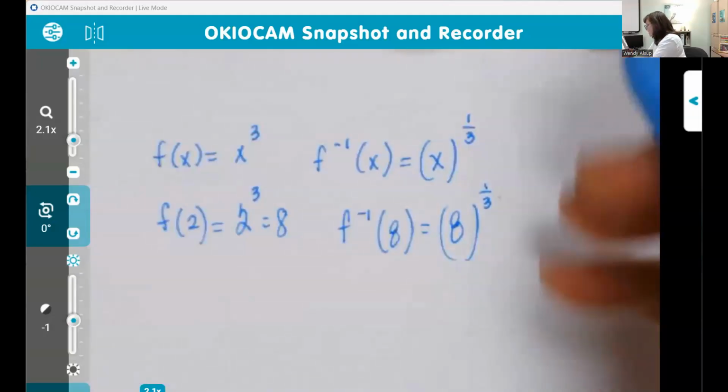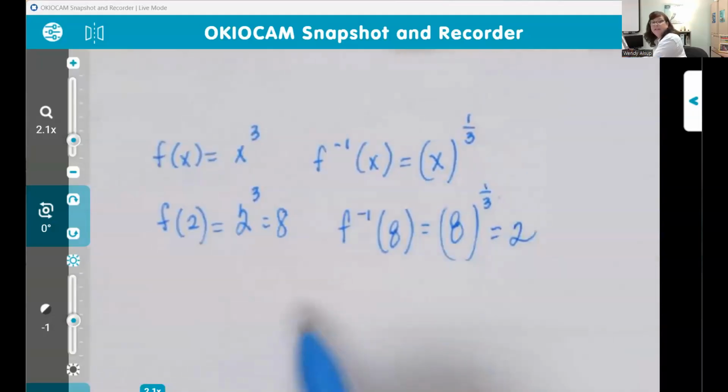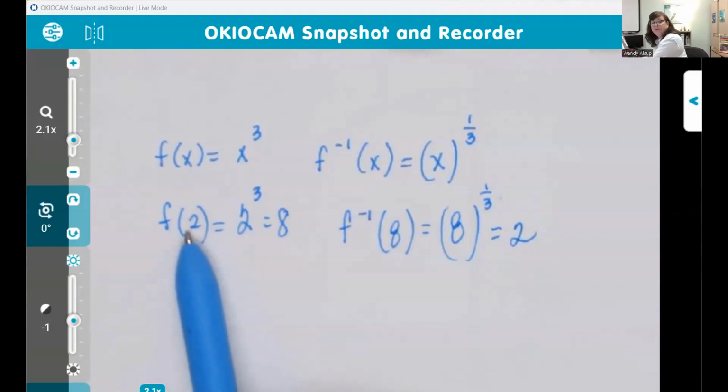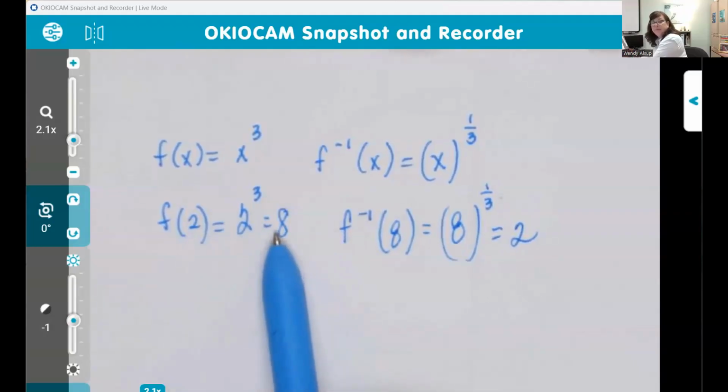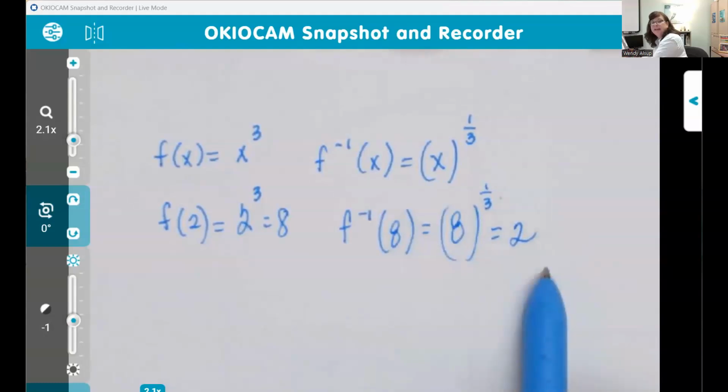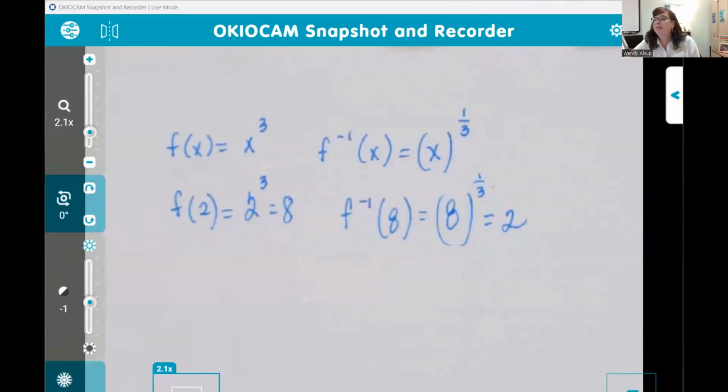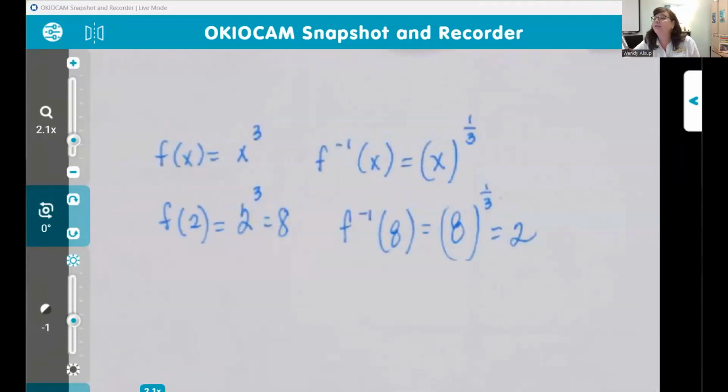So what you see happening here is that they undo each other. If you put 2 into the original and get out 8, you can put the 8 into the inverse and you'll get back out the 2. You started with 2 and you end with 2. They undo each other. That's what we're talking about with functions that are inverses of each other.